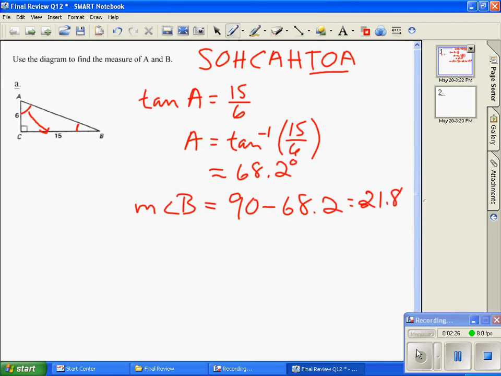So we have just found our two angles in this triangle. Most of the time it's okay to round the angles to the nearest number. I just rounded it to one place, but even the whole number is fine.